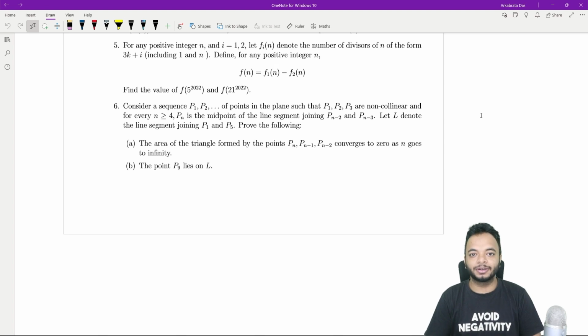Directly writing that won't fetch you full marks, because there would be a question mark on how you are getting that. Like, it's happening for the first two or the first three doesn't mean that it will happen for all. So maybe you can use induction or something.